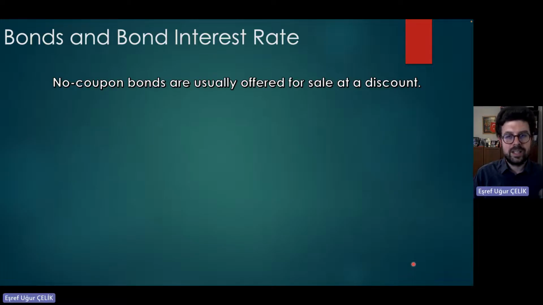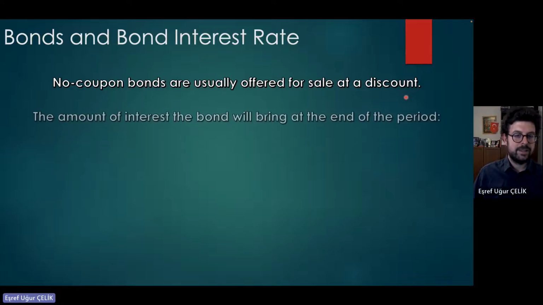I write over here no coupon. We can follow in that sense. The no coupon bonds are usually offered for sale at a discount, okay? That means that their price always changes with the conditions of the market.